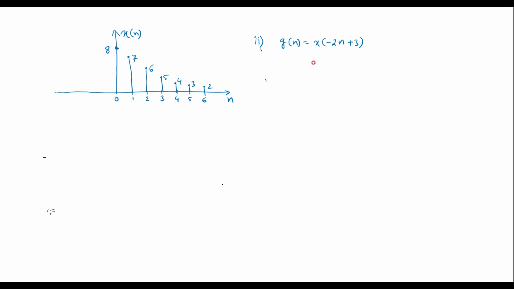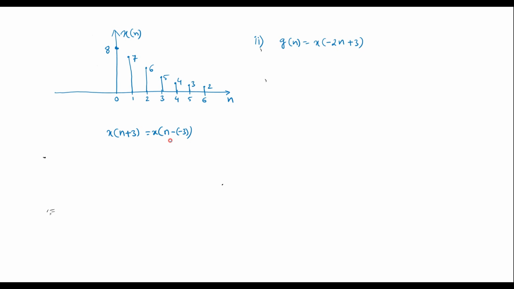Here the first operation to be carried out is x of n plus 3. That is x of n plus 3 is nothing but x of n minus 3. It means that x of n signal is shifted towards left by 3 units. Let me draw that signal first.